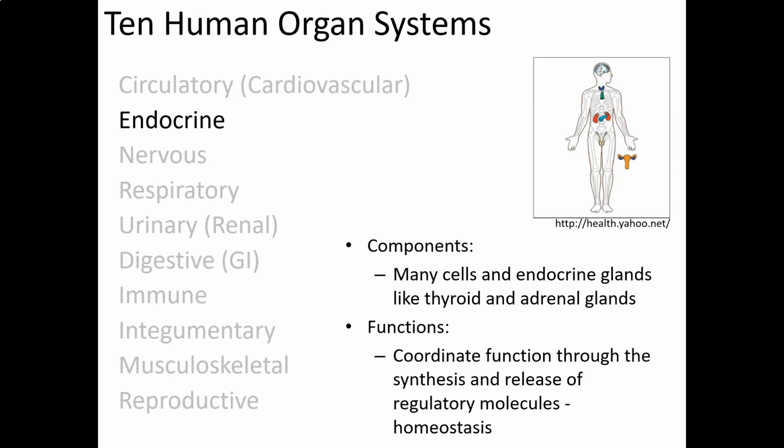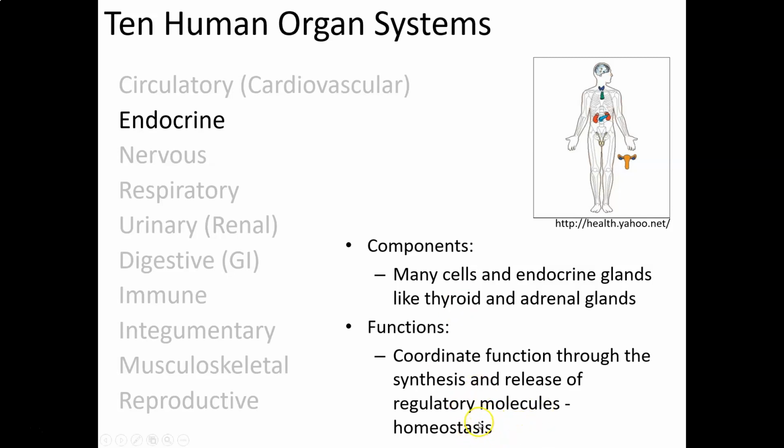But there are also cellular components of different organs, not considered glands, that can also produce hormones. So cells and glands help produce endocrines, or things we call hormones. The function of hormones is to coordinate function through the synthesis and release of regulatory molecules. And in fact, the endocrine system is one of the major systems responsible for maintaining homeostasis.